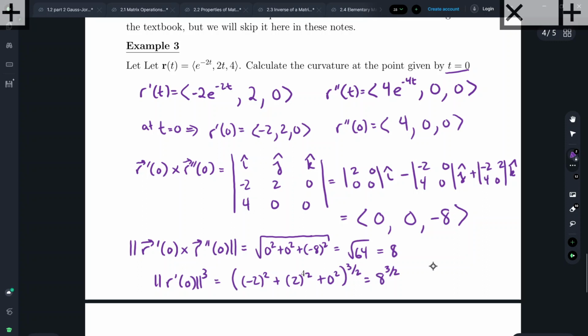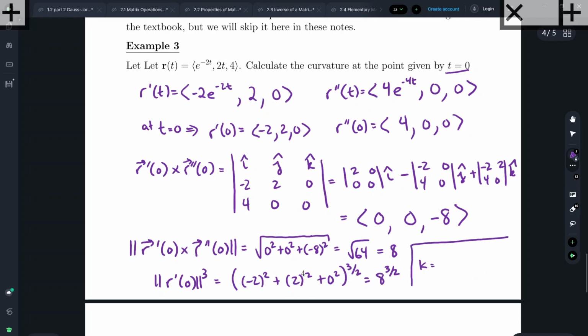And then finally, the curvature is just this number divided by this number. So 8 divided by 8 to the 3/2. Let me give myself a little bit of space here.